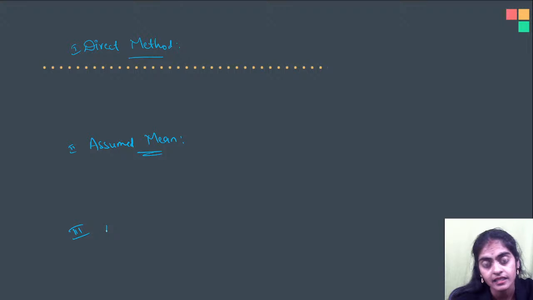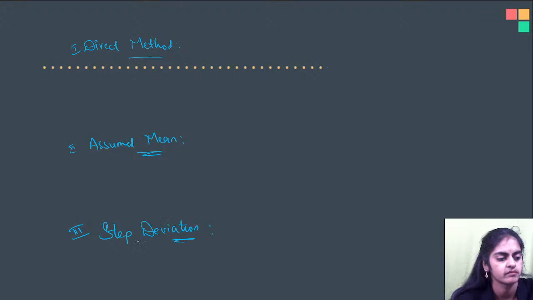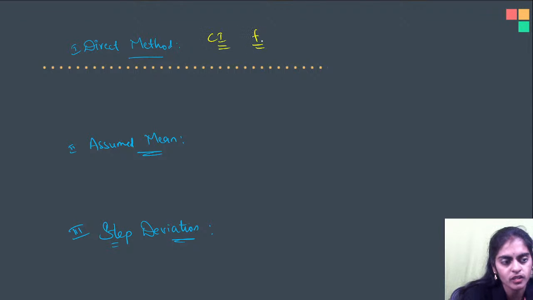Next is step deviation. So in the direct method, class interval and frequency are given to you in the question. You will find the class mark which is xi, and you will find FiXi. These are the columns for the direct method.